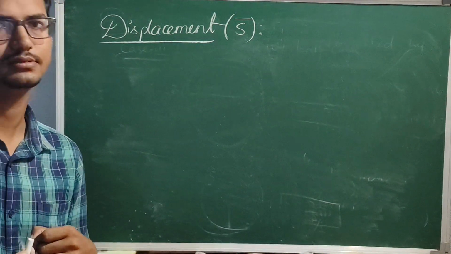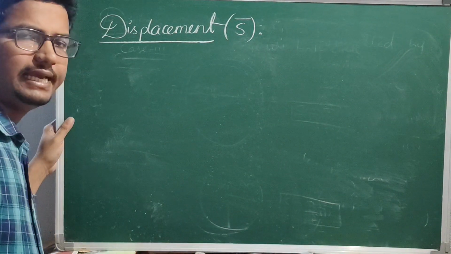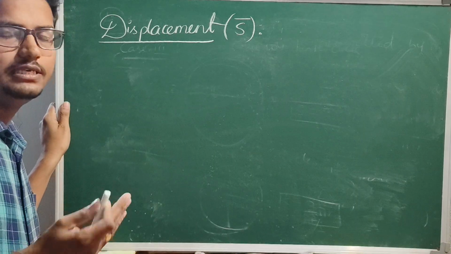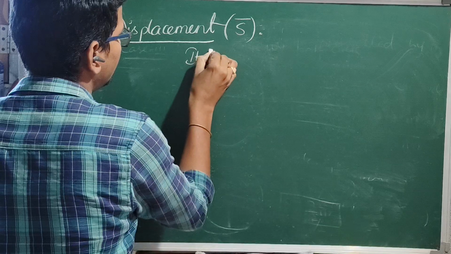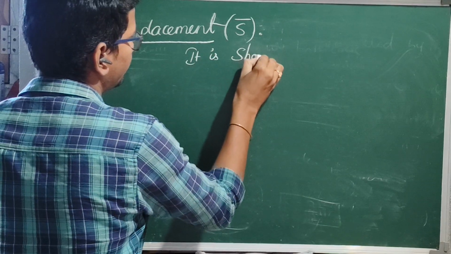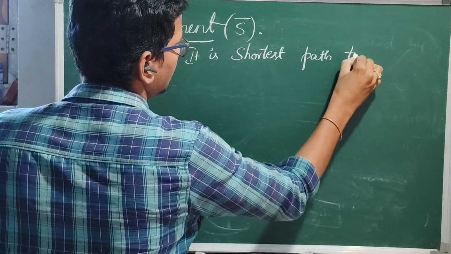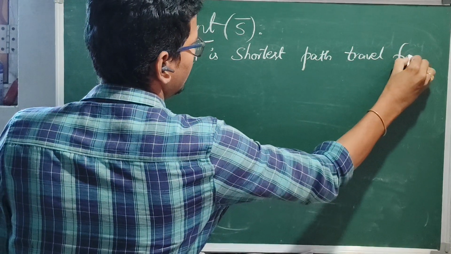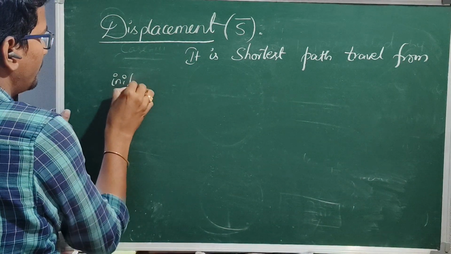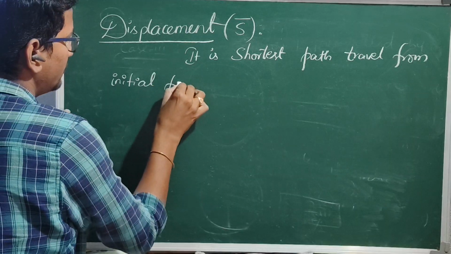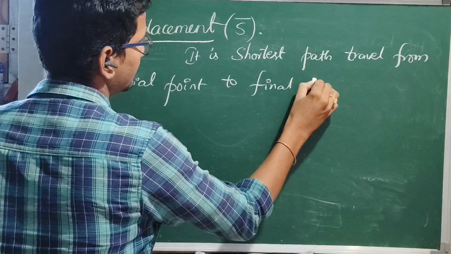That is called a vector quantity. Displacement means what? It is the shortest path travelled from the initial point to the final point.